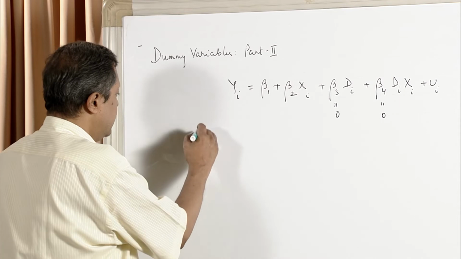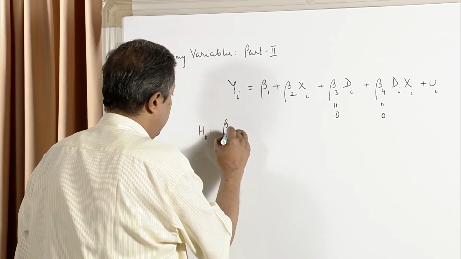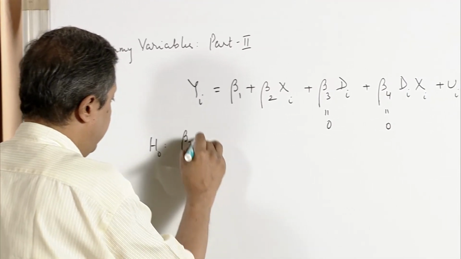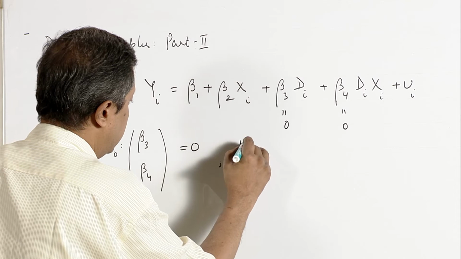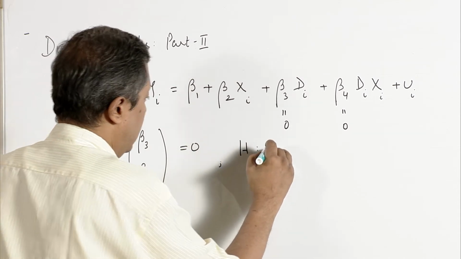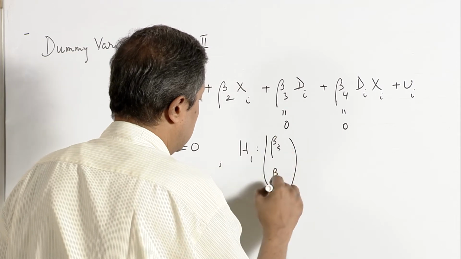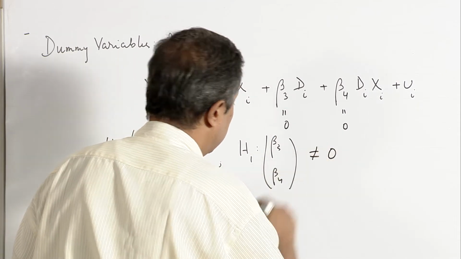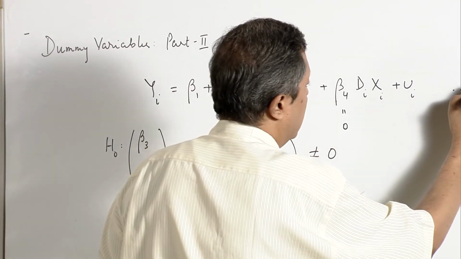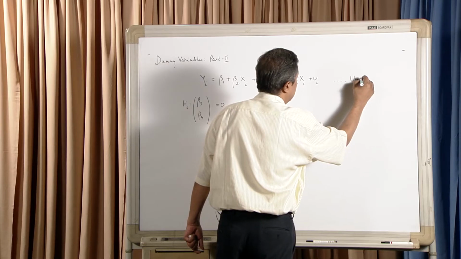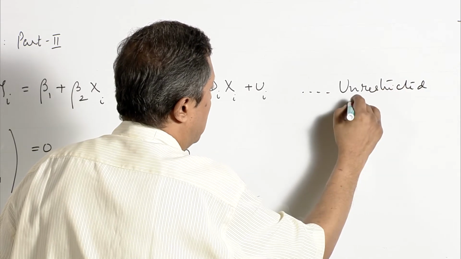So, we can test H naught: beta 3, beta 4 both equal to 0 against H 1: beta 3, beta 4 not equal to 0, and this is now our unrestricted model.